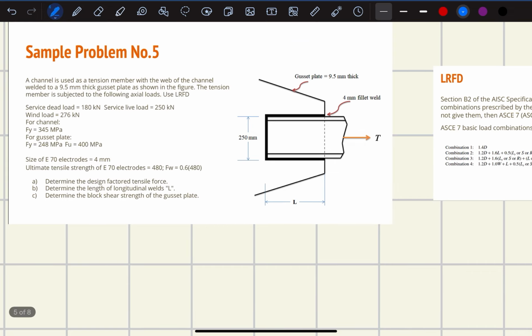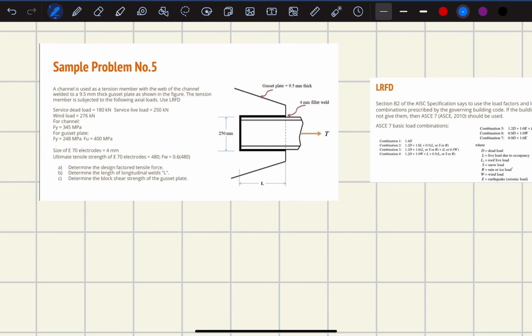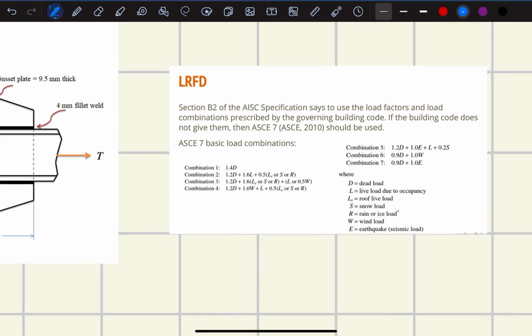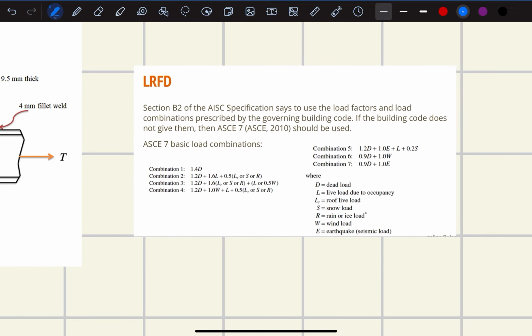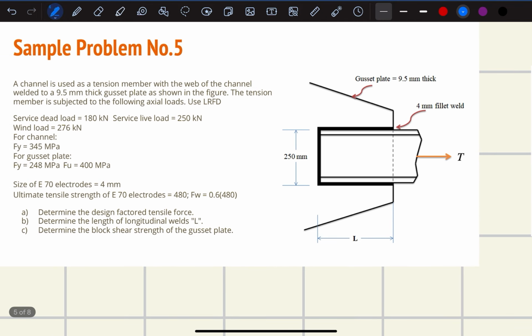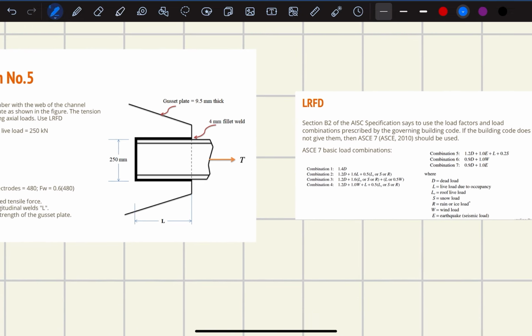So, solve the letter A. Determine the design factored tensile force. So, sa introduction natin ng mga design philosophies, dinigay ko sa inyo yung mga load combinations. Dito sa example natin, tatlo yung service loads na meron yung problem, which are the dead load, live load, and wind load.